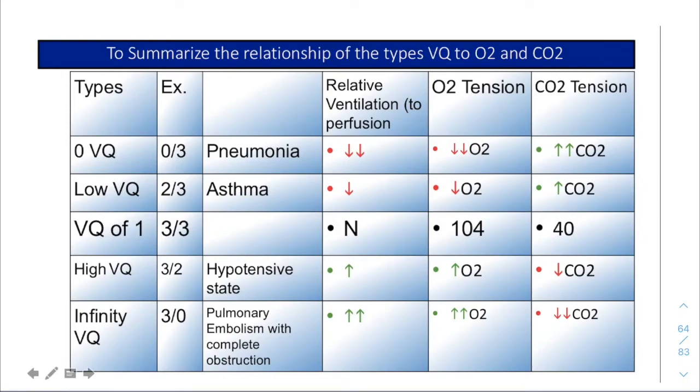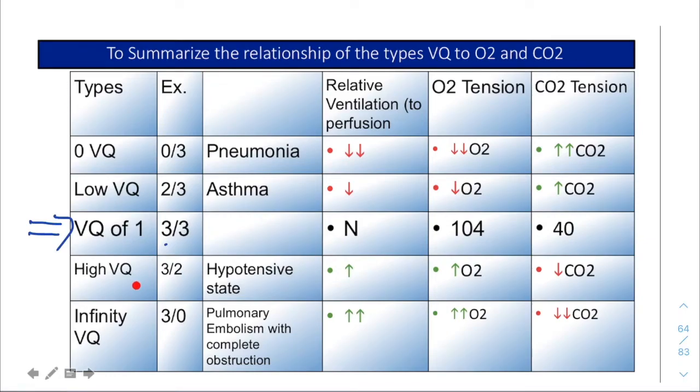So this table summarizes all the relationships of the different types of VQ to oxygen and CO2 tension. Ideally, a VQ of 1 gives a normal relative ventilation to perfusion. They match, so your oxygen tension normally is 104 and your CO2 tension is 40.